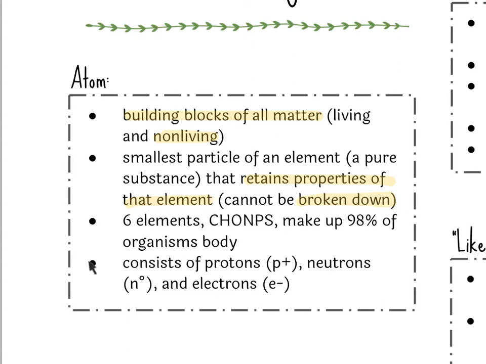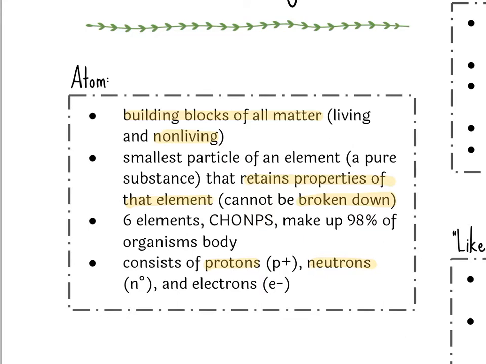We'll skip down to this bullet right here and then go back up. But right now on this fourth bullet, it says atoms consist of protons, which are abbreviated with a P and a plus sign. Why do they have that plus sign? That plus sign indicates their charge. So protons are positively charged. Neutrons, a lot of people think that neutrons are negative because it starts with an N, like protons is positive because it starts with a P. No, that's wrong.